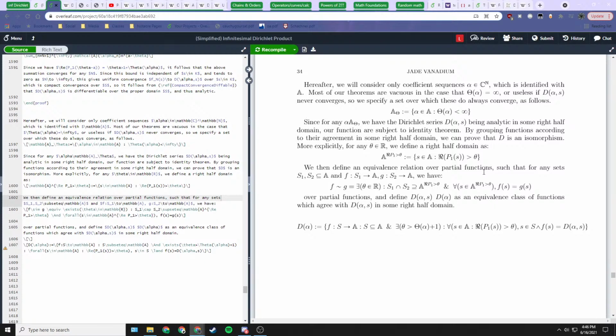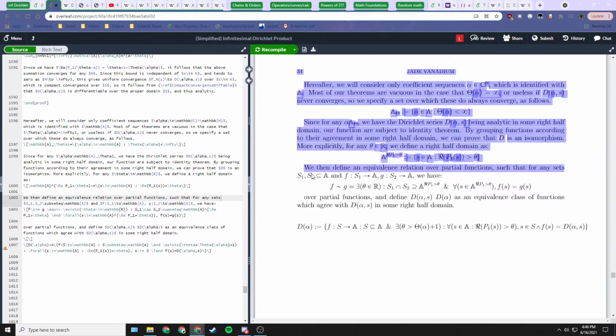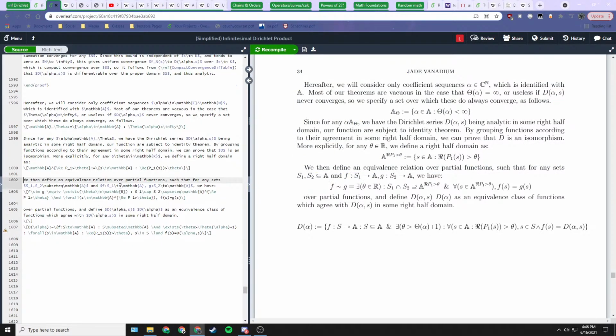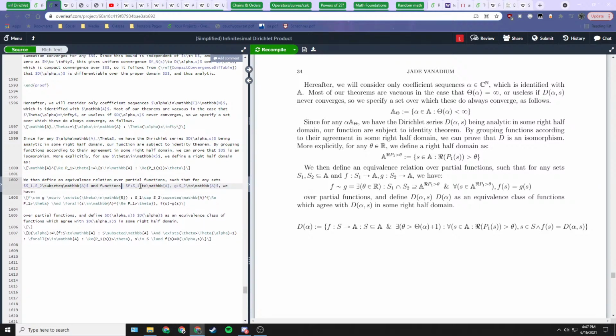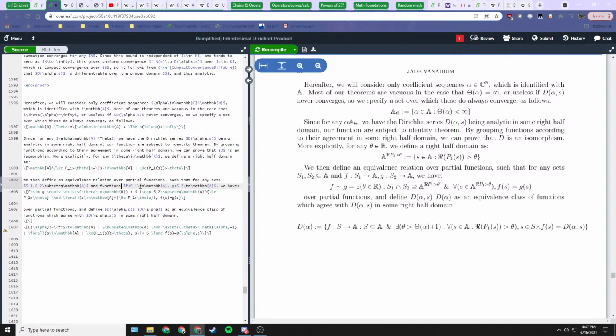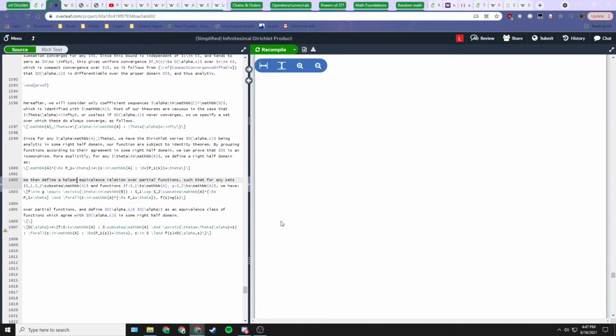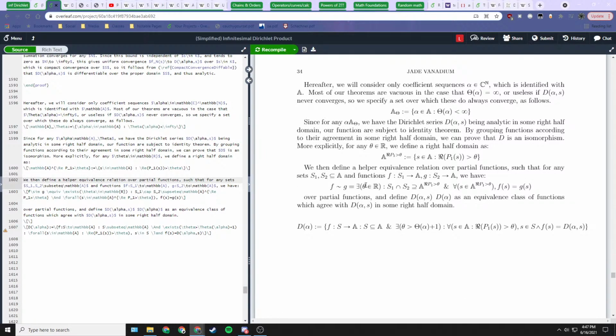And we're defining this equivalence relation over partial functions, so that for any sets S1 and S2 and functions F mapping S1 to A and G mapping S2 to A, we have the relation as there exists some theta such that both of their domains are supersets of this right half domain, and over this right half domain F is equal to G.